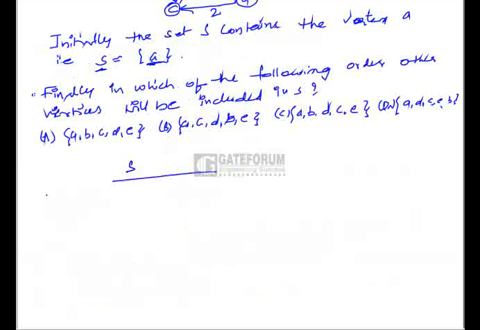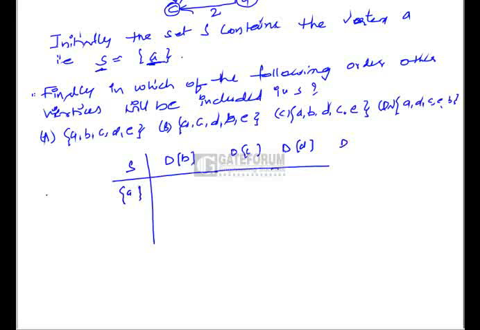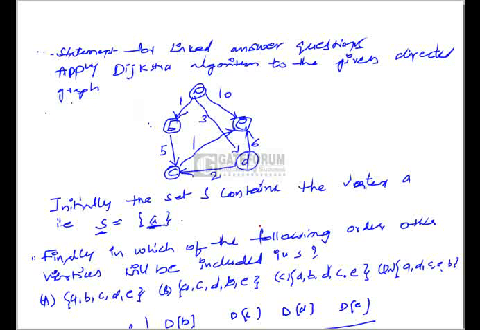Initially, S contains vertex A. So we have to find the distance from A to B, from A to C, from A to D, then A to E. So here, if we observe the graph, the distance from A to B is 1.